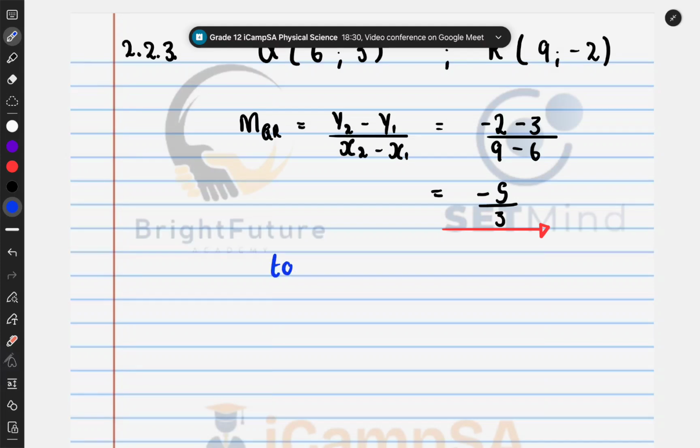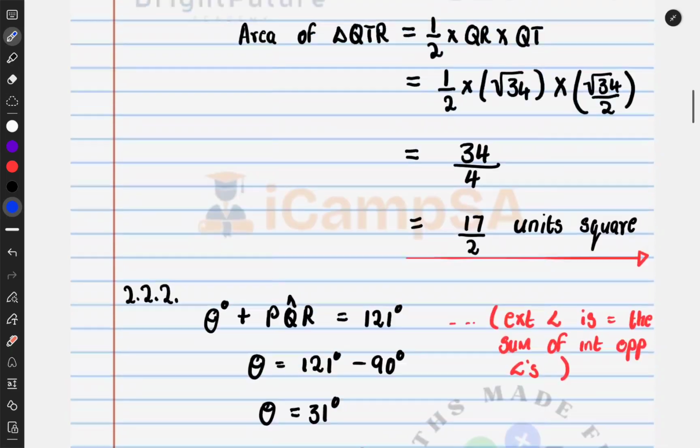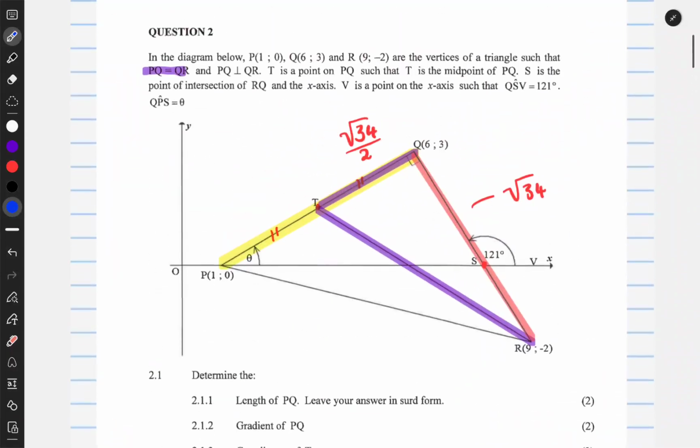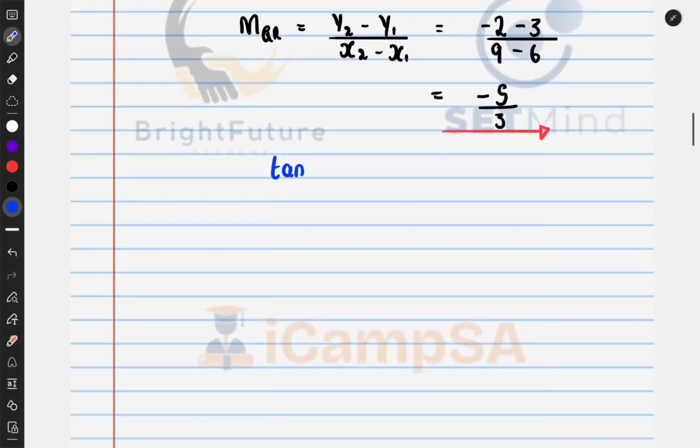We could also have calculated the gradient by using tan of the angle between the line and the x-axis, and the angle in our case is 121 degrees. Let's call it VSQ.